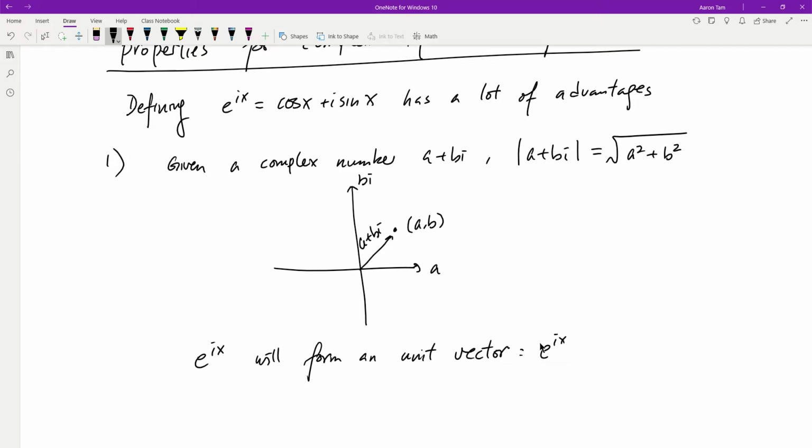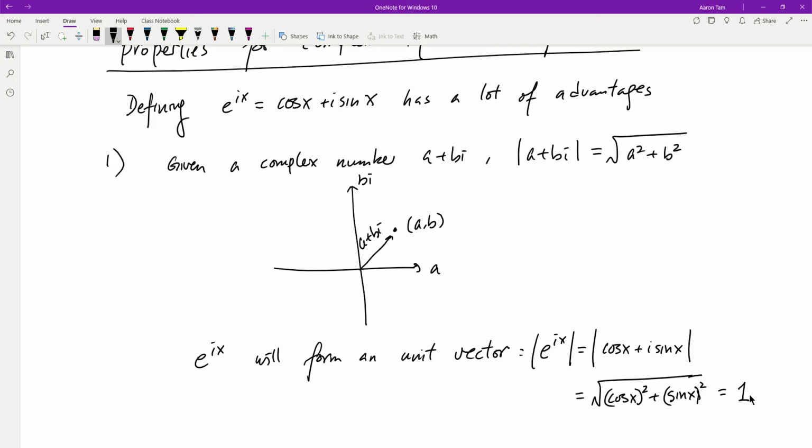If I take the length of e to the ix, that's the length of cosine x plus i sine x. According to the formula at the top, that's the square root of cosine squared x plus sine squared x. And that would just be the square root of sine squared x plus cosine squared x. And that, based on the Pythagorean theorem, becomes 1. So therefore, it would be the square root of 1, which is 1.